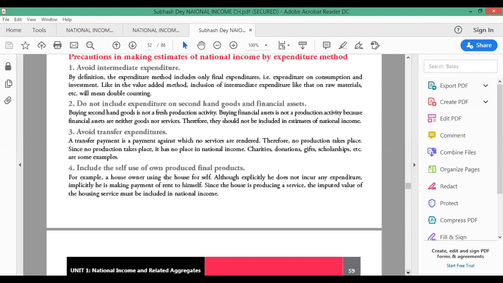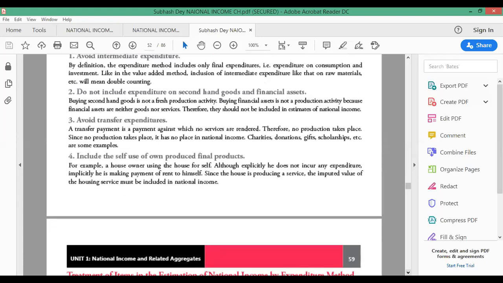These all are the transfer expenditures. Definitely it should be avoided. Why? Because when we are going for the national income, we are just taking out the main expenditures only. We are not taking out the transfer expenditure. So transfer expenditure must not be taken into account, because we have to take only those expenditures which are the factor payments. We don't have to take the transfer payments or transfer expenditures.